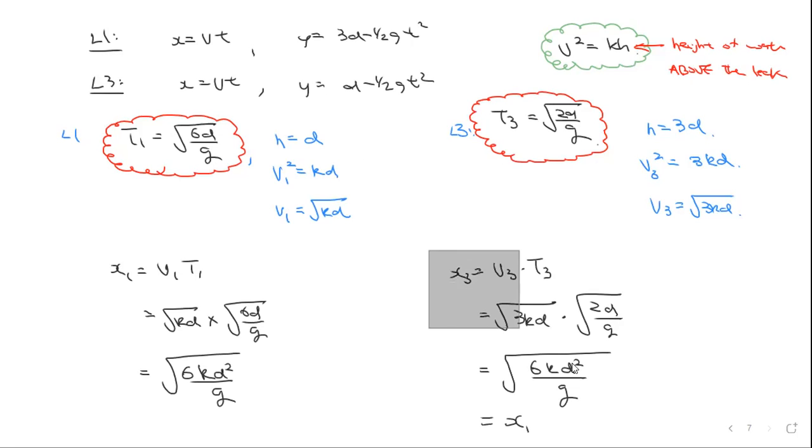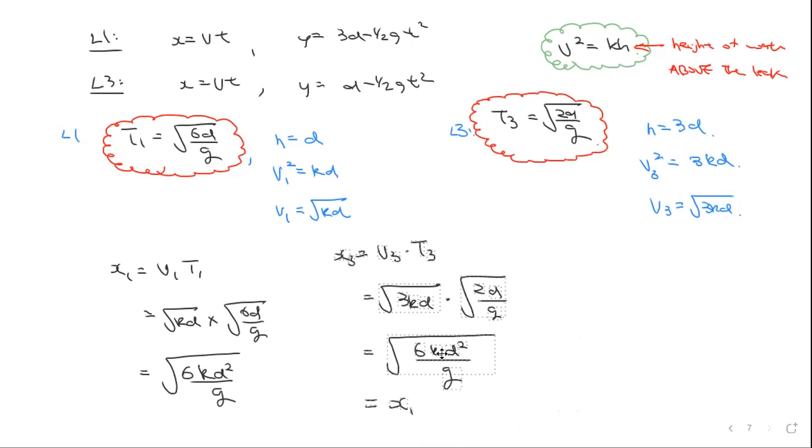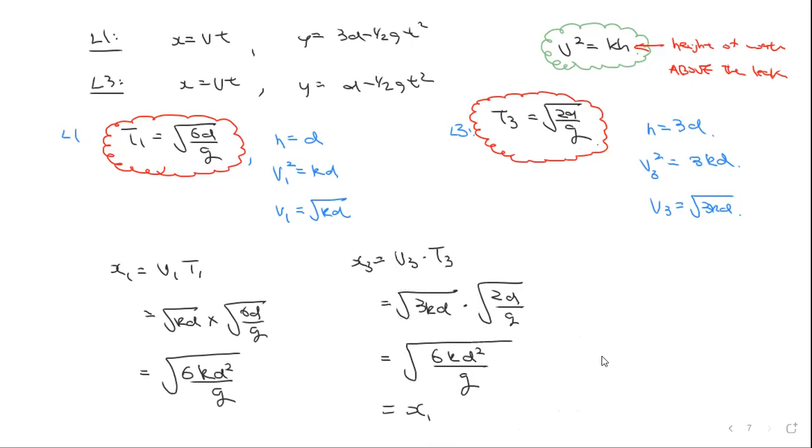So at this point, having worked out independently where the first one is going to land and where the third one is going to land, they are equal. Therefore, with all the equations above, the two leaks will land at the same horizontal position.